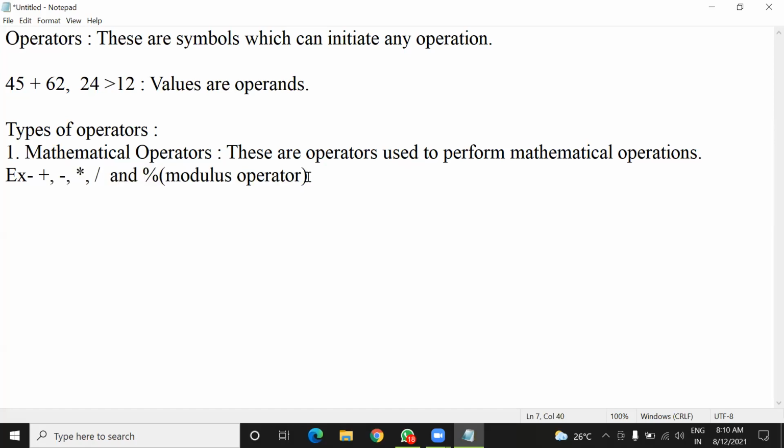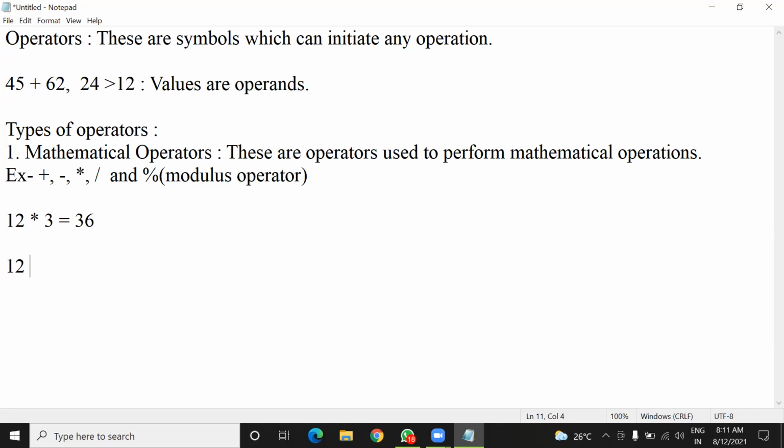Understood, everyone? So if I write 12, use this operator, and write 3, then the value will be 36, since this symbol represents multiplication between 12 and 3. So 12 into 3 becomes 36.